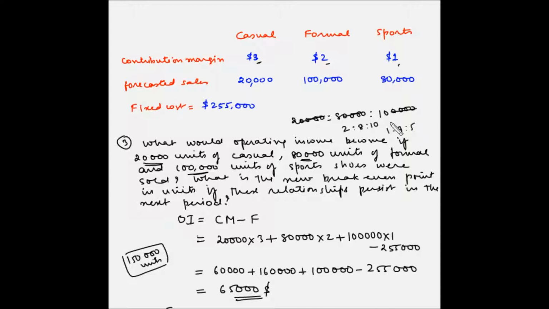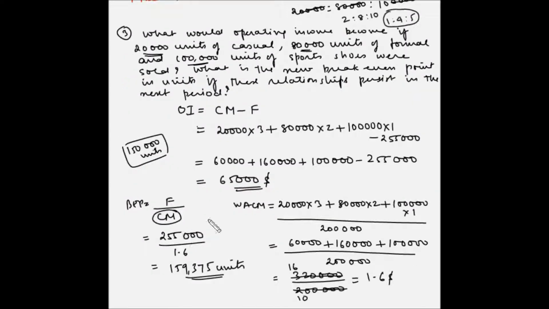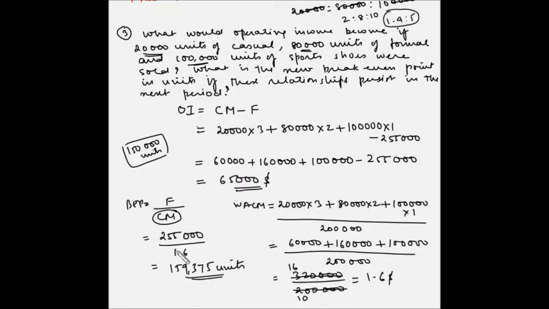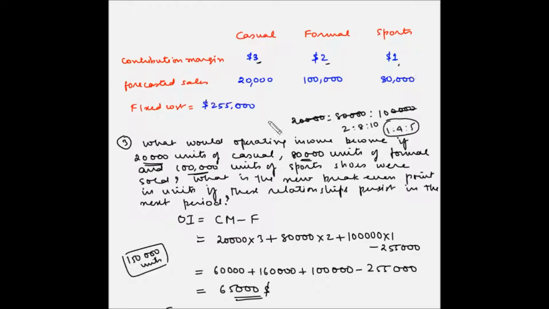So the total is 5 plus 4 is 9, plus 1 is 10, and the ratio of each of the product lines in the total break-even point is, for casual it is 1 by 10, for formal it's 4 by 10, and for sports it's 5 by 10. So if we multiply each of these ratios with the total break-even point units, then we'll get the break-even point units for each of the product lines.